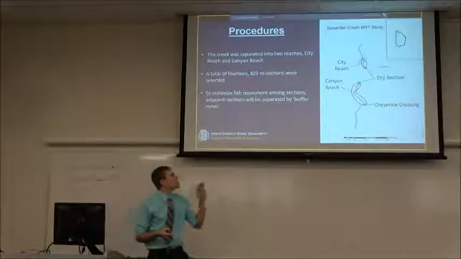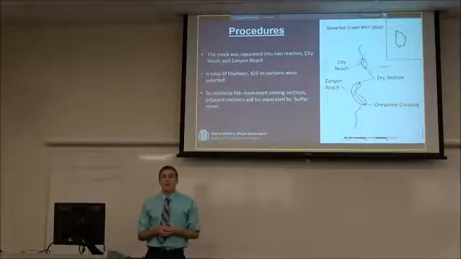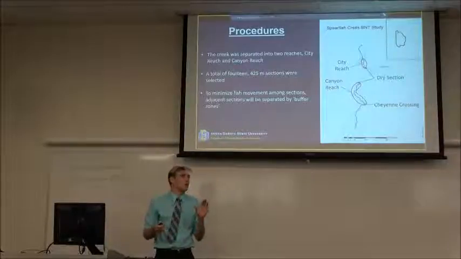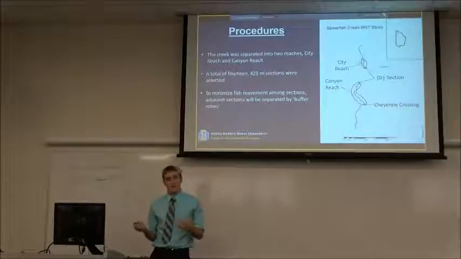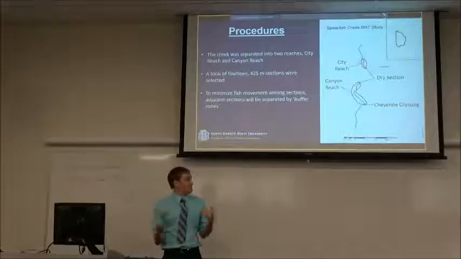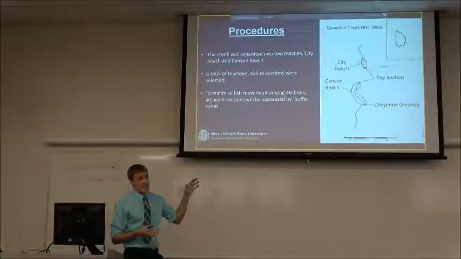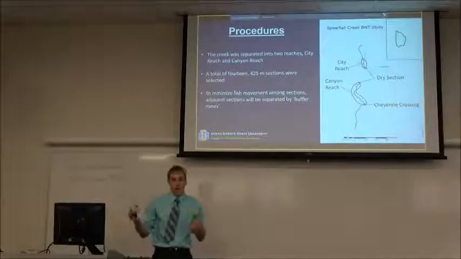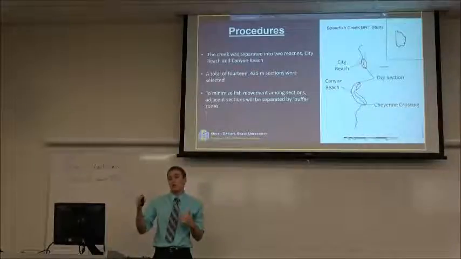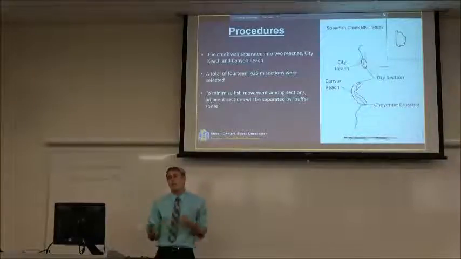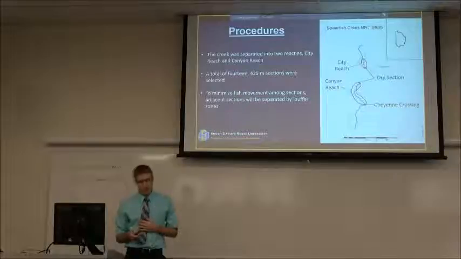So within these 2 reaches, we picked 14 sections, and these are quarter-mile sections, so 425 meters, so very, very large. And between these sections, there's at least another quarter-mile buffer zone to mitigate any movements between our experimental and our control sites.